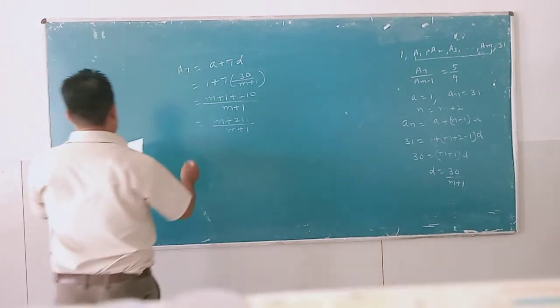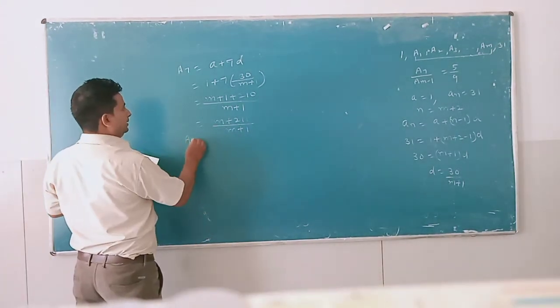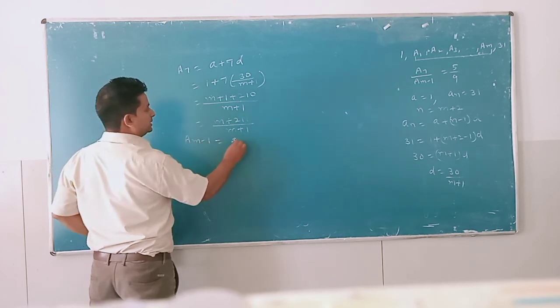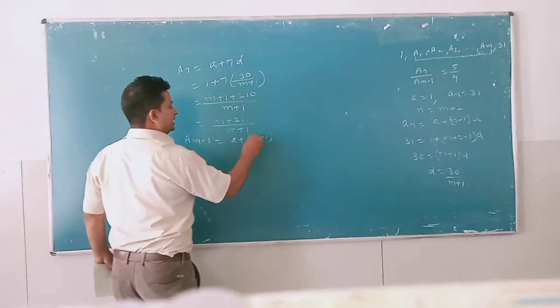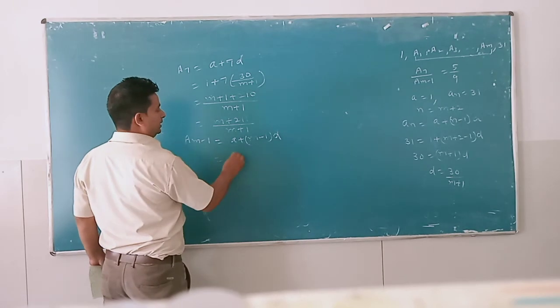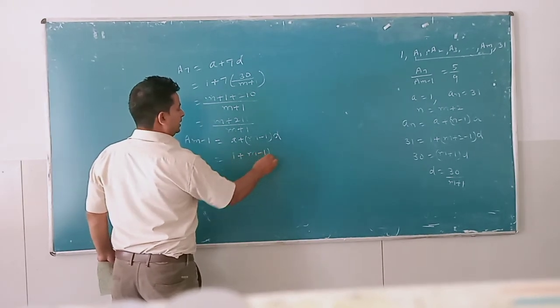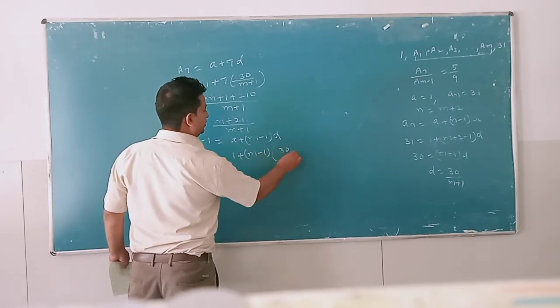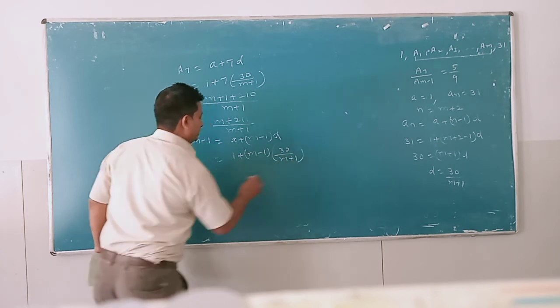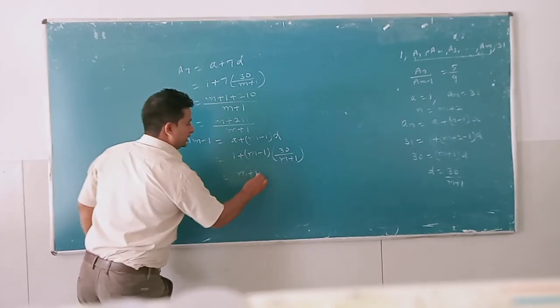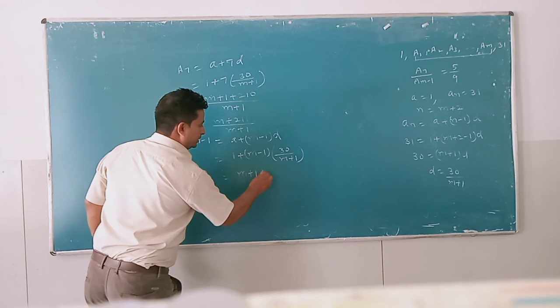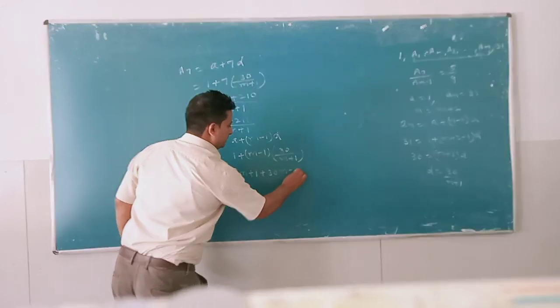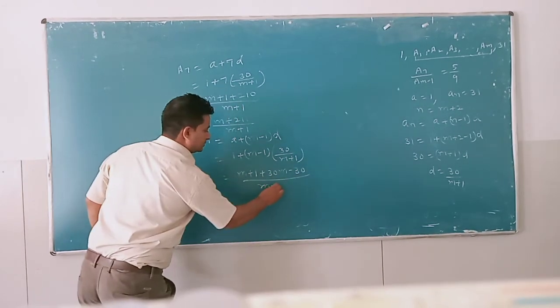And we find a(m minus 1). This is a plus (m minus 1) into d. Value of a is 1 and d is 30 upon m plus 1. So this is (m plus 1 plus 30m minus 30) upon m plus 1.